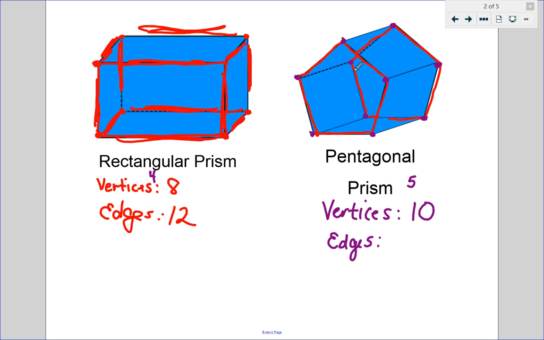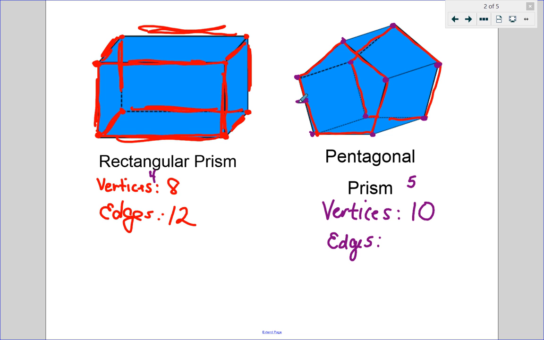1, 2, 3, 4, 5, 6, 7, 8, 9, 10, 11, 12, 13, 14, 15, 16, 17, 18. No, 15. Sorry, 15. We're going to mark them because this is where it gets difficult sometimes to follow.